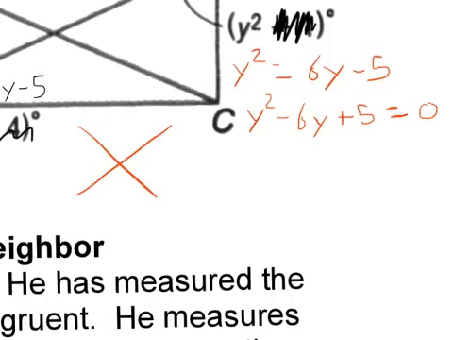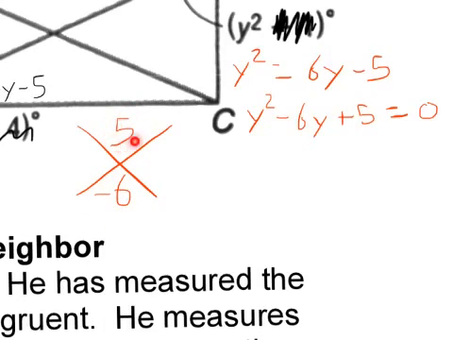And so here's the star method whenever you don't have an a coefficient. What you do is you take your last term, 5, put it on top. You take your middle term, -6, put it on bottom. And now we need something that will multiply up to 5 and add up to -6. So what are some things that multiply up to 5?